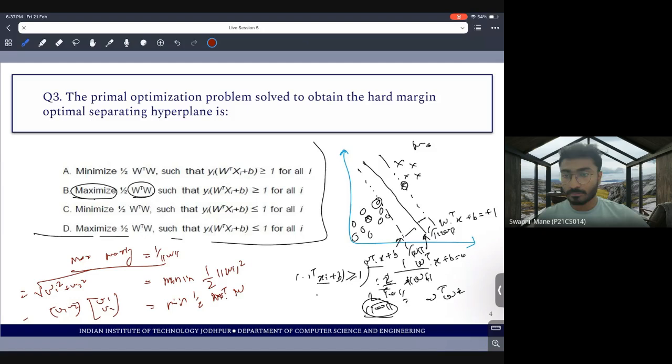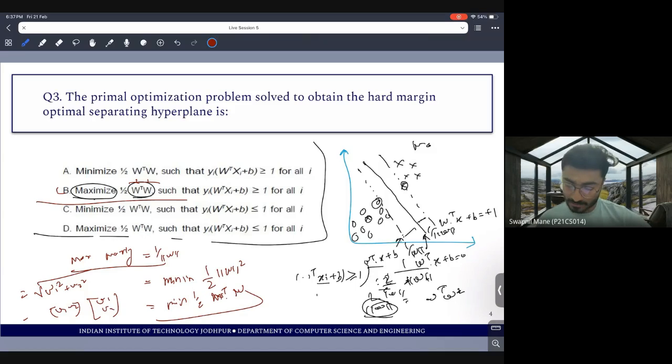Now, option B is a maximize, right? You can see the option here. It is not 1 divided by this term. If it were 2 divided by this W transpose W, then in that case maybe this would be correct.